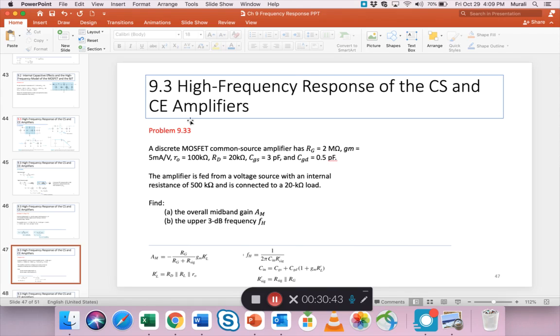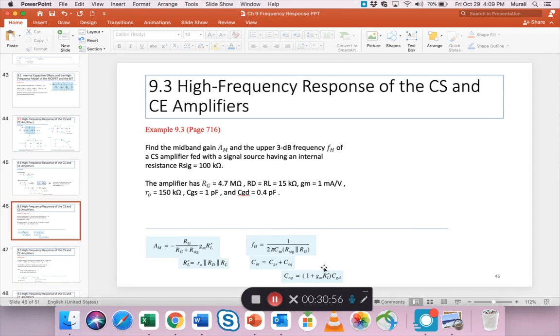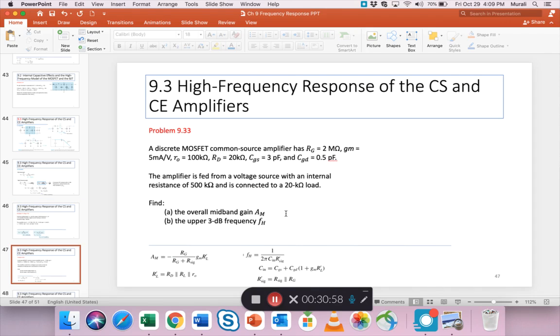Let's move on to a problem also related to the same thing. Again, straight applications of the formulas. A discrete MOSFET CS amplifier has this RG, GM, RO, RD.